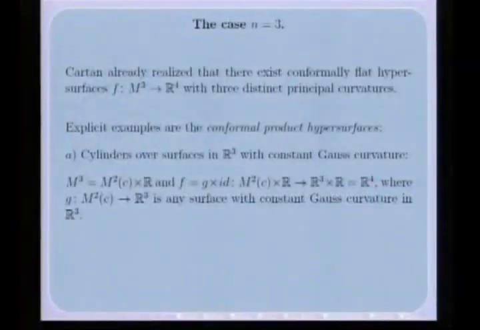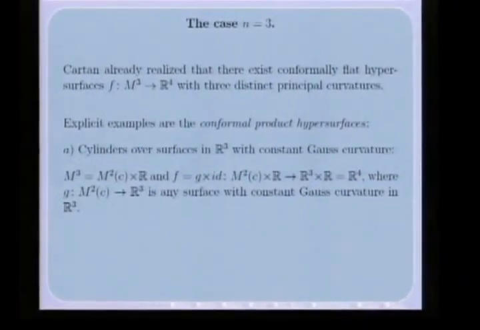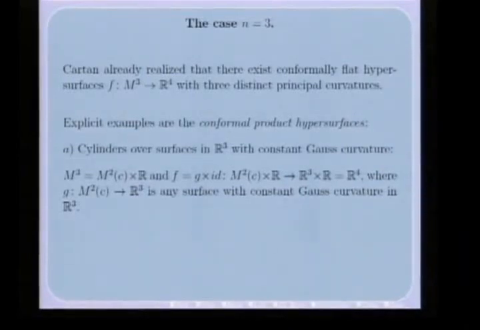And one can construct explicit examples as follows. These are called the conformal product hypersurfaces. For instance, one has cylinders over surfaces in R3 with constant Gauss curvature.